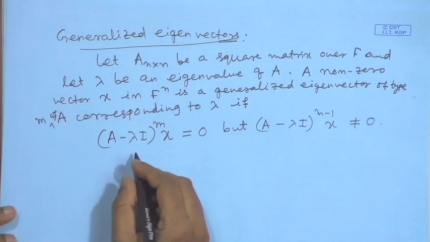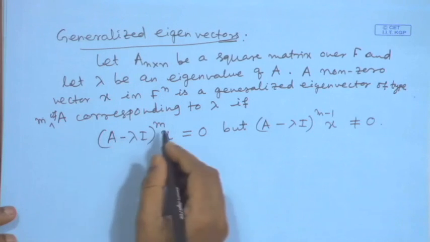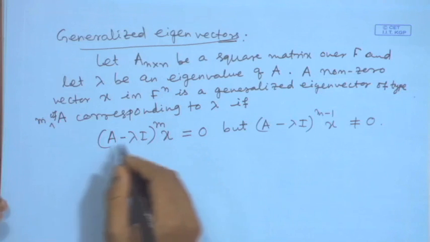So, this is called a type m generalized eigenvector of A corresponding to lambda.